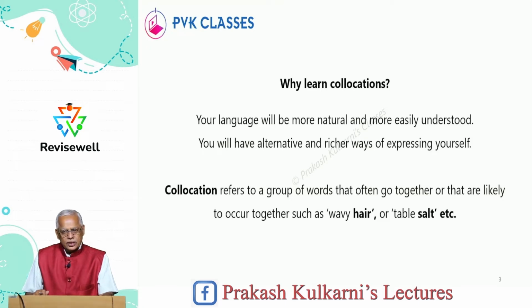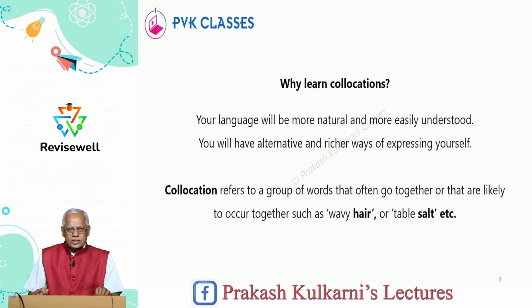So, collocation refers to a group of words that often go together or that are likely to occur together, such as wavy hair, table salt. Like that, we use a combination of two words. That is called collocation of words. Let us study some more collocation of words.